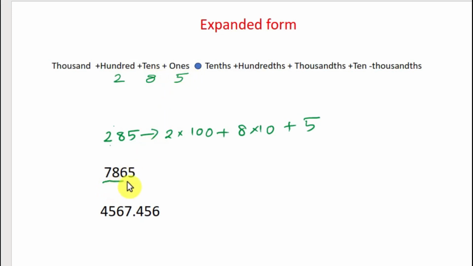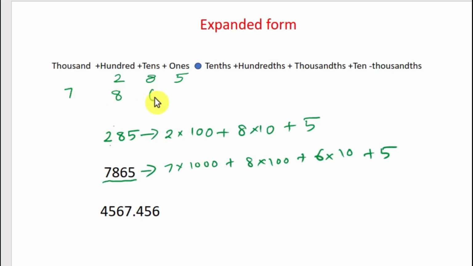For example, 7865. How will I expand it? 7 into 1000 plus 8 into 100 plus 6 into 10 plus 5. Here 7, 8, 6, 5.